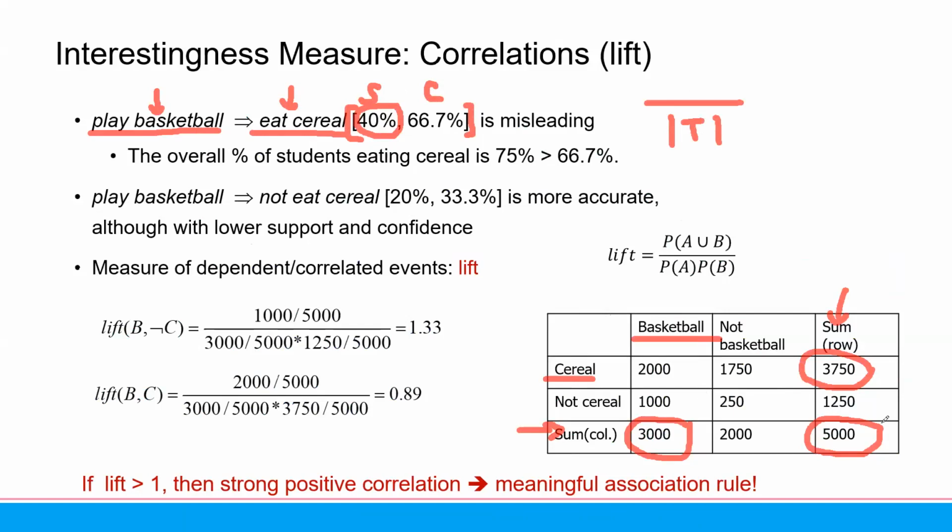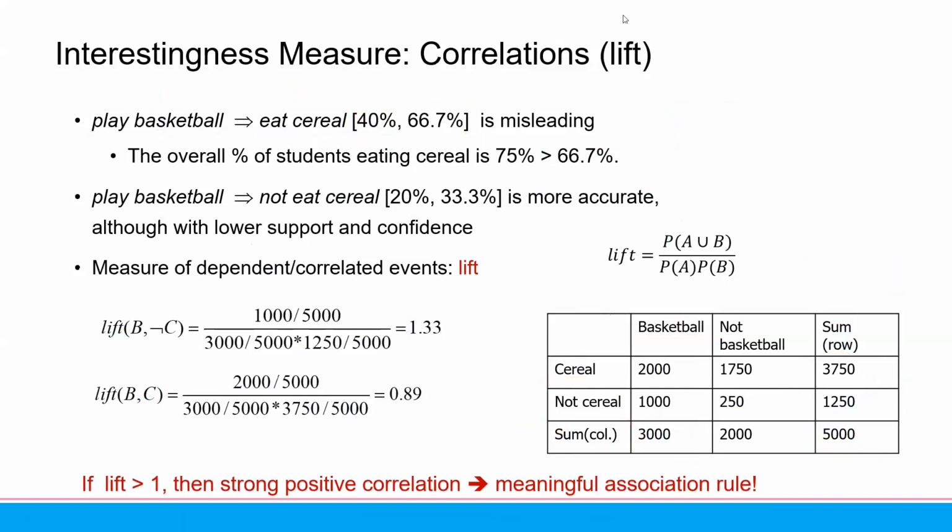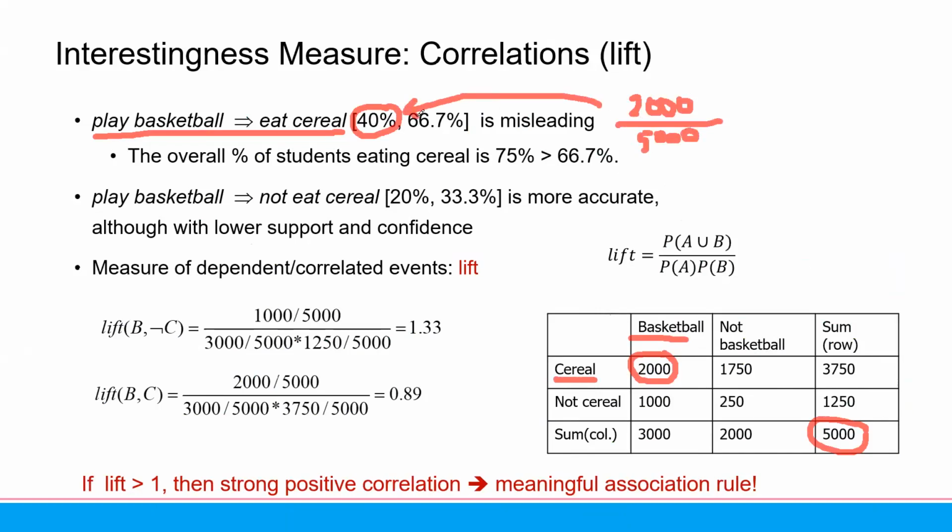Here the total data is 5000. Now, what about play basketball and eat cereal? There are 2000, and the total data is 5000. We get this 40% from 2000 divided by 5000. Then it is 0.4 or 40%.